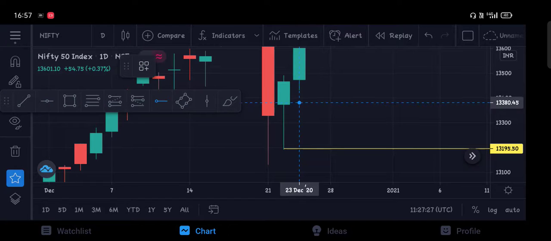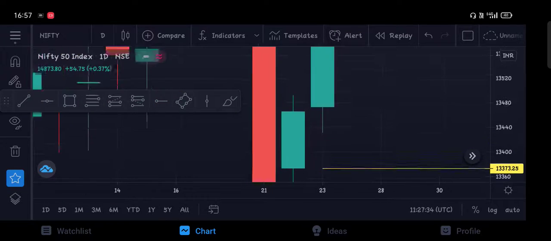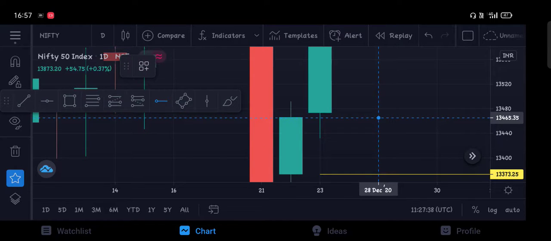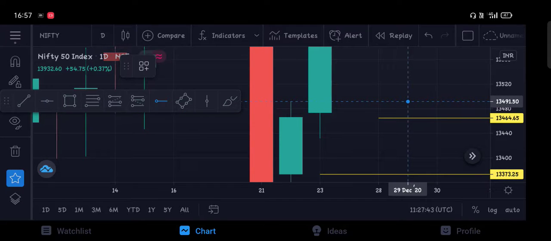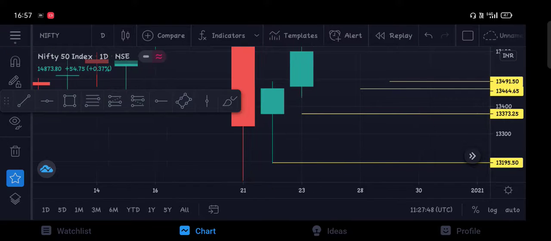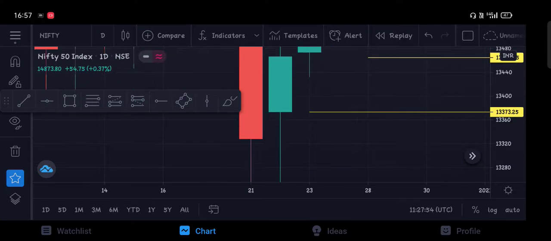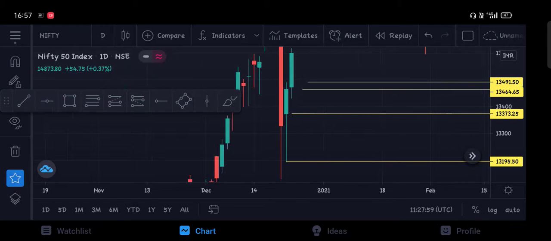Let me draw it so that you can understand it better. This one candle represents 1 day of the Nifty. Whatever the Nifty did in that 1 day is depicted in this one candle.